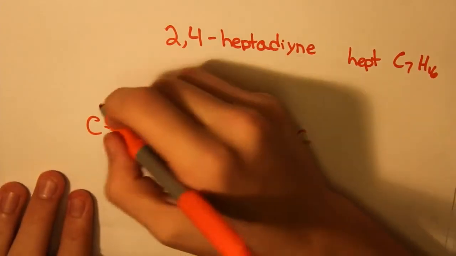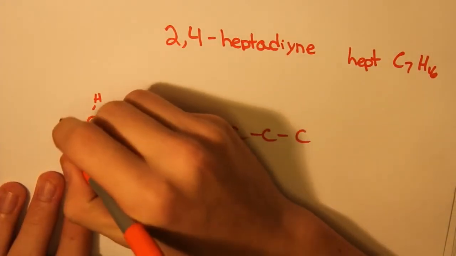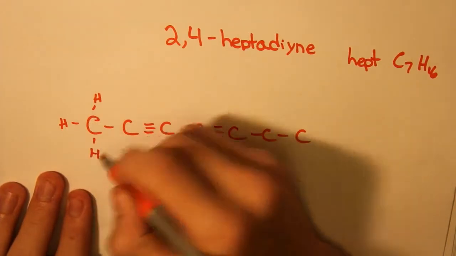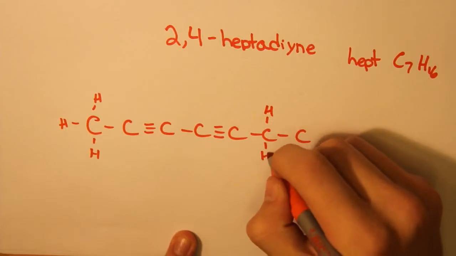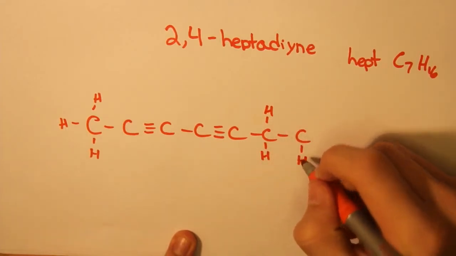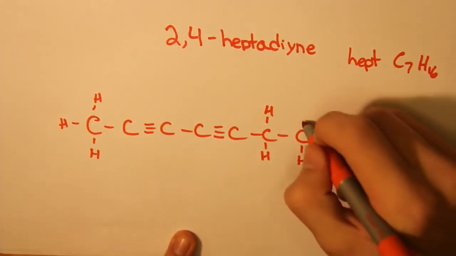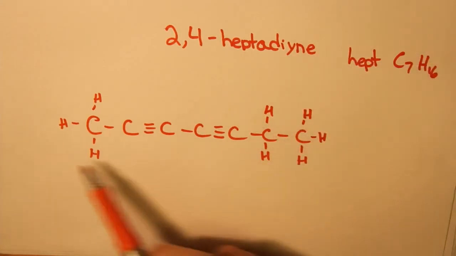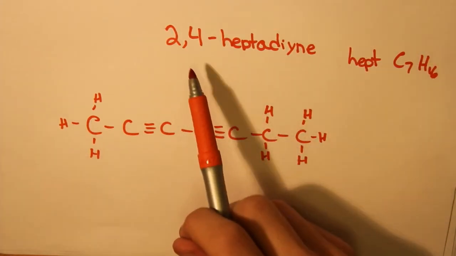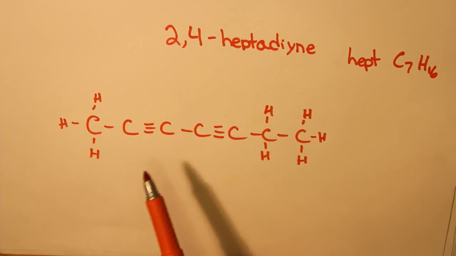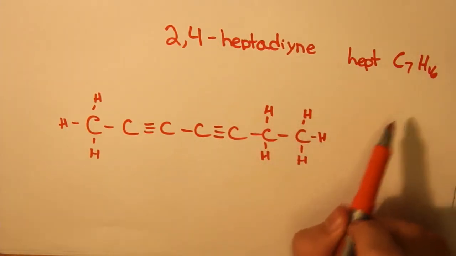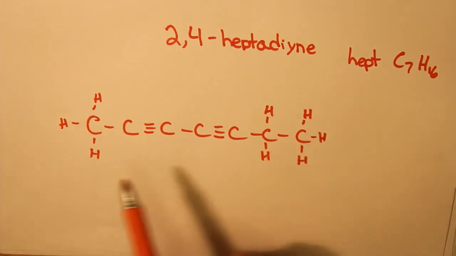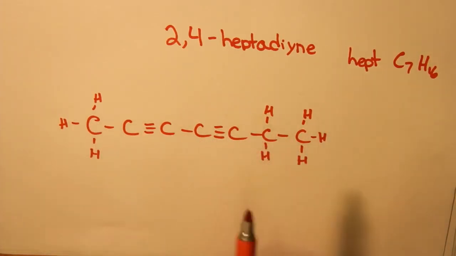Now we just have to write in the carbons where they fit, like so. That is how you write out 2,4-heptadiyne. Because there is the yne in here, it takes away from the regular 16 and only leaves 1, 2, 3, 4, 5, 6, 7, 8 hydrogens.